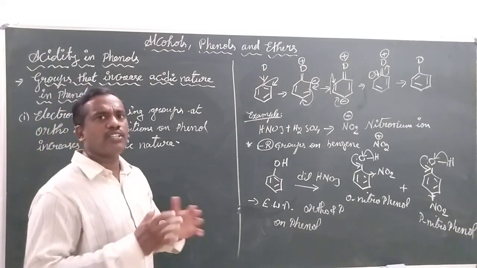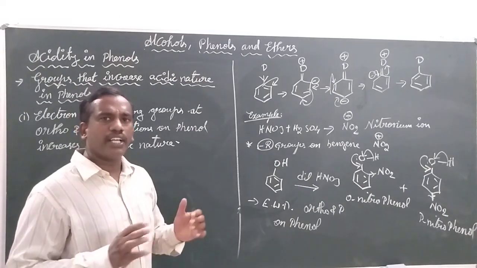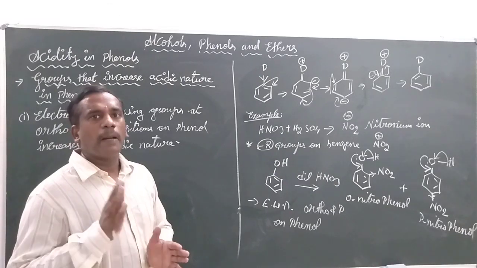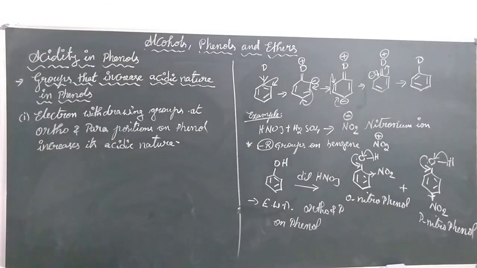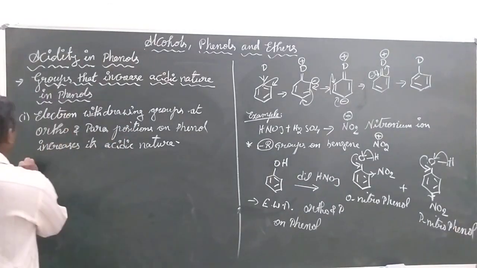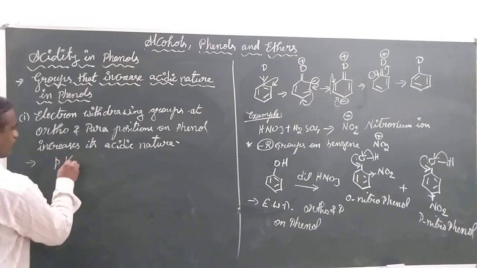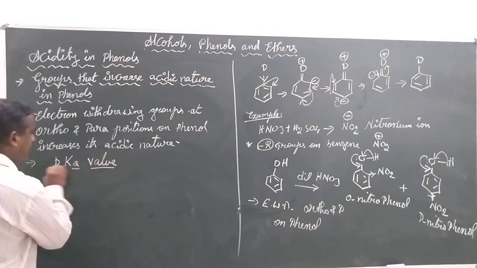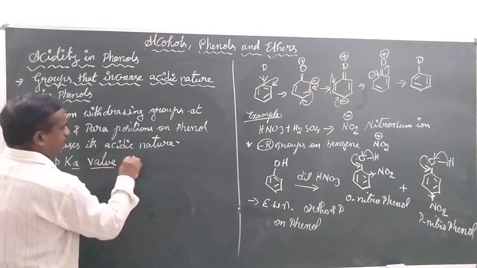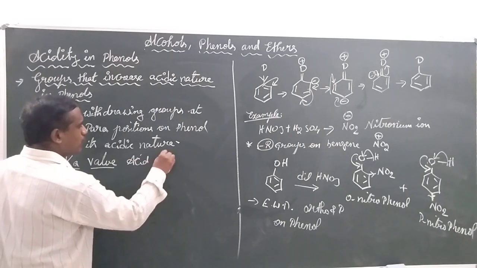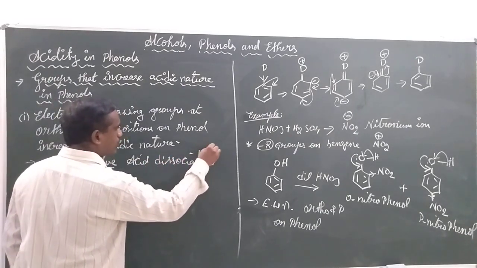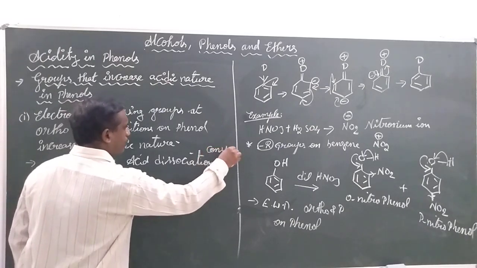Generally, the acidic nature of phenols or any carboxylic acids is expressed in the pKa values. How are they expressed as pKa values? It means the acid dissociation constant.